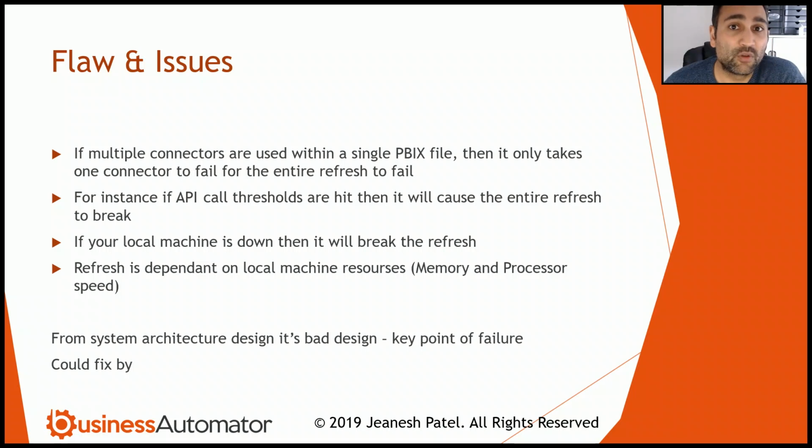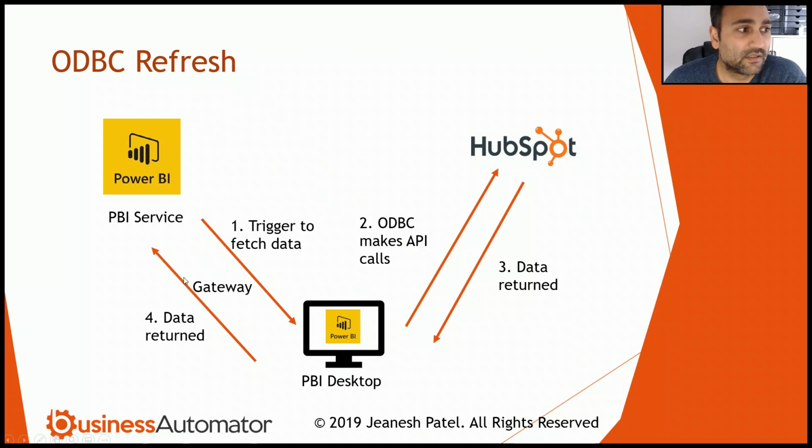It's completely dependent on your local machine's power, whether it's memory or processing speed. So generally, from an architecture design, this is a bad design. It's fine if you're only working with something like Excel on your local machine, but if you are pulling in data from multiple data sets via ODBC drivers, this is a bad design.